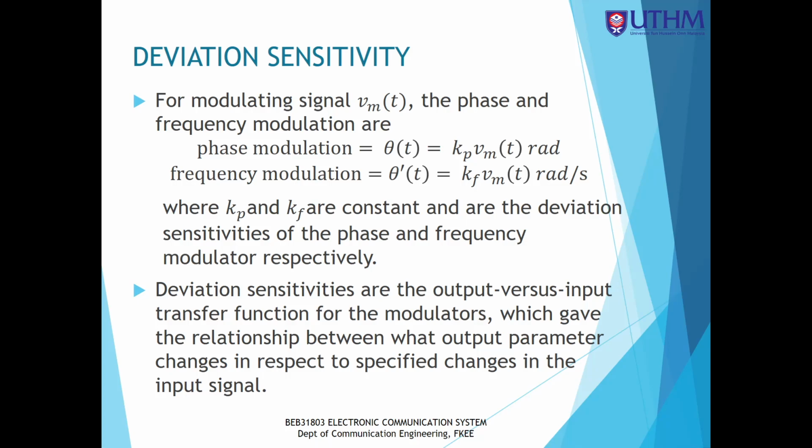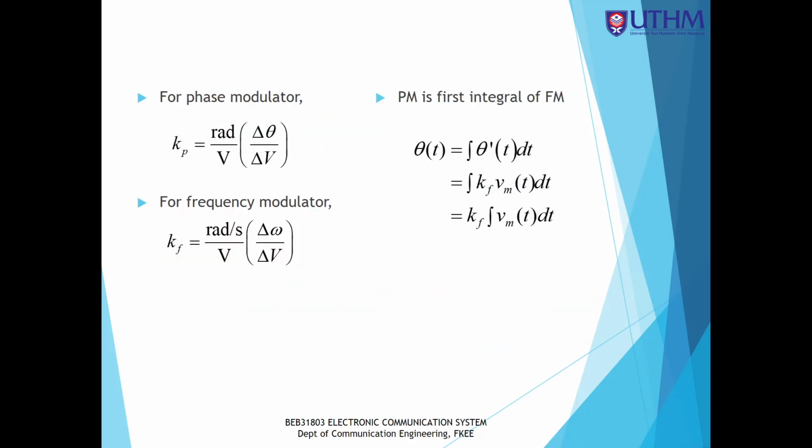So from these parameters we can define the, okay, so before that, kp is the phase deviation sensitivity parameter, kf is the frequency deviation sensitivity parameter. So the unit for kp is radian per volt, kf is radian per second per volt. So this is the unit.